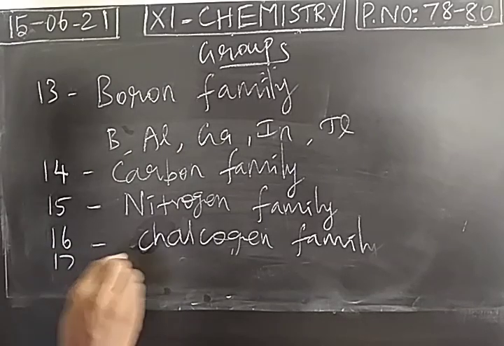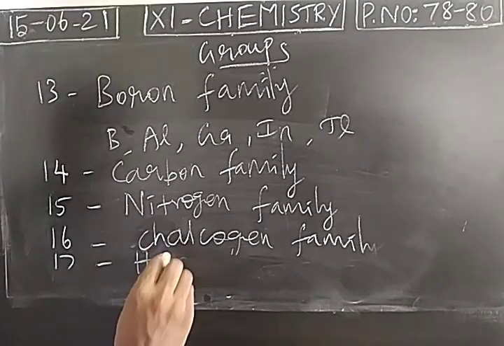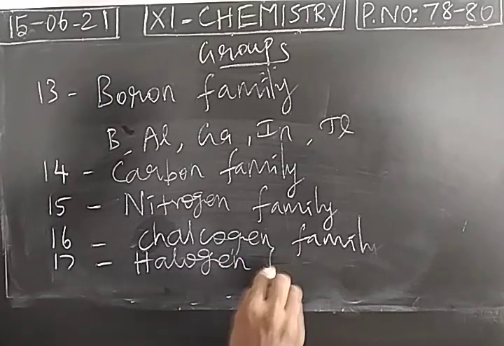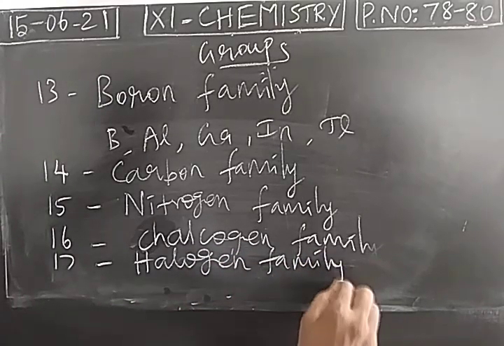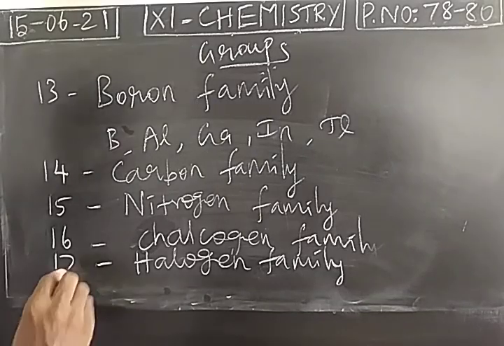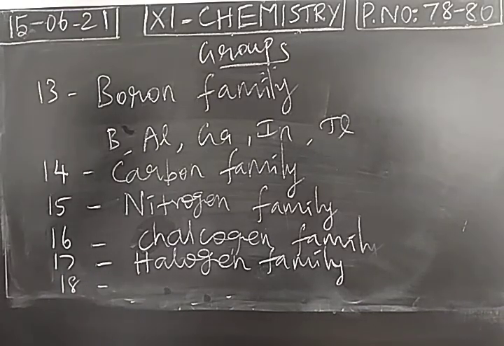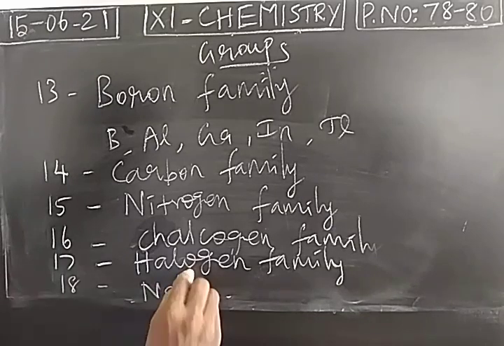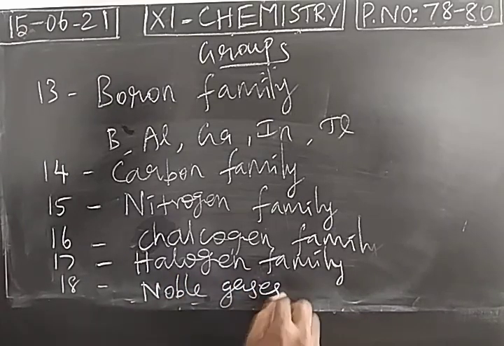Then group number 17 is called the halogen family. What are the members? Fluorine, chlorine, bromine, iodine, astatine. Then last group is called the noble gases, inert gases or rare gases.